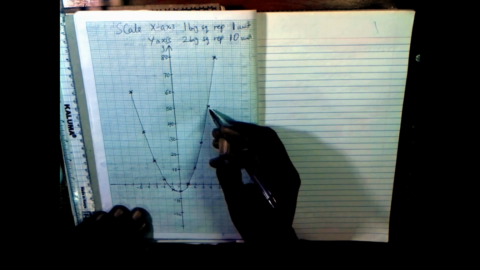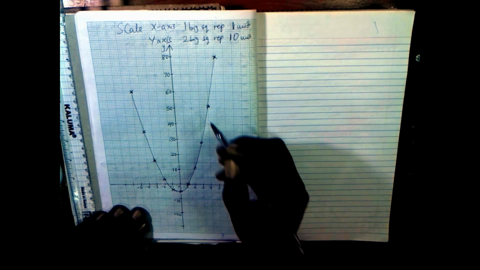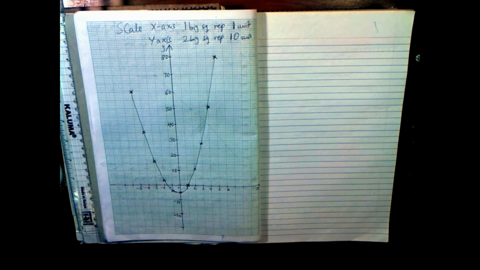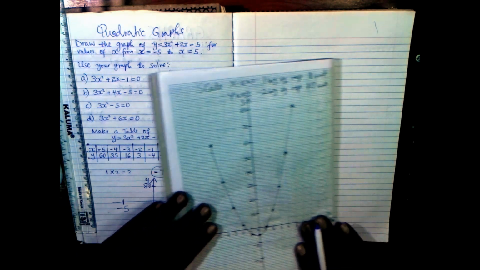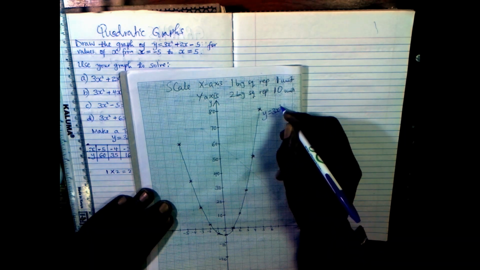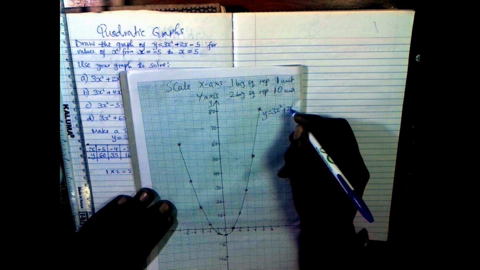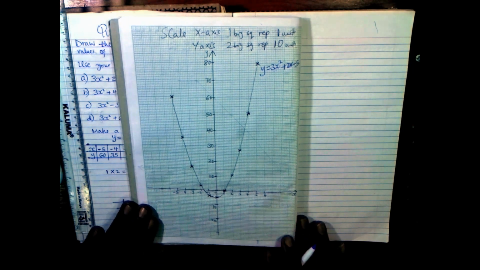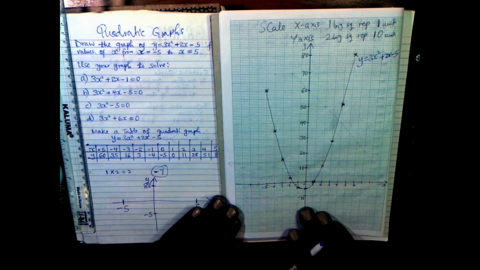So that's how we draw, and then we label. Now we label the graph. It's a graph of y is equal to 3x squared plus 2x minus 5. Now we have labeled the graph and we have drawn it.